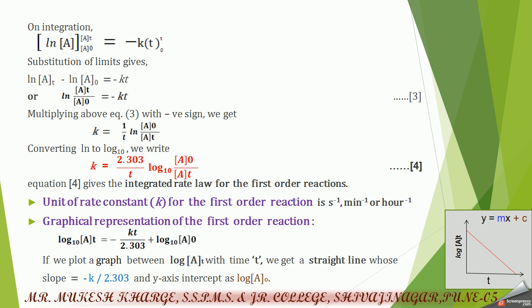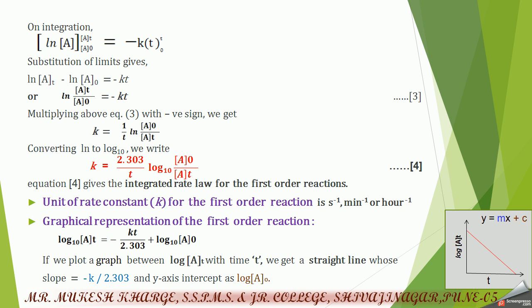And similarly you can plot different graphs. One graph is variation of rate with concentration of A, that is initial concentration, or you can check another graph here also. Log to the base 10 a0 upon at is equal to kt divided by 2.303.